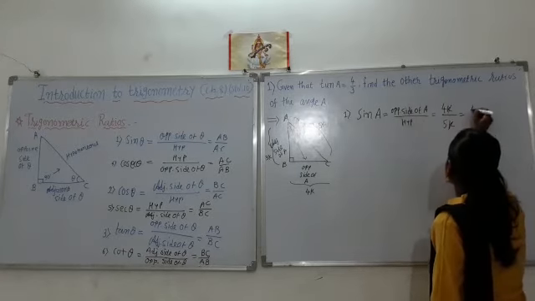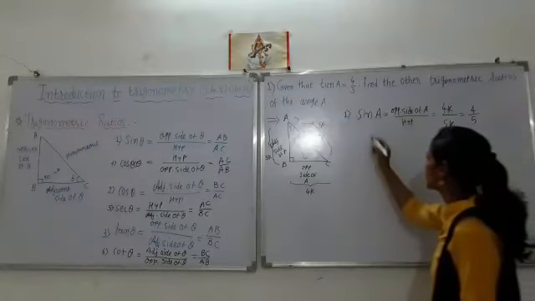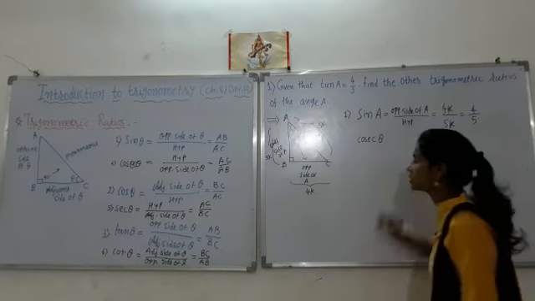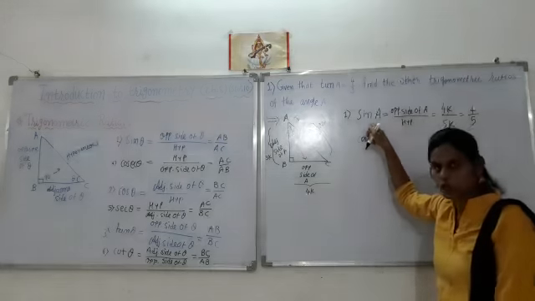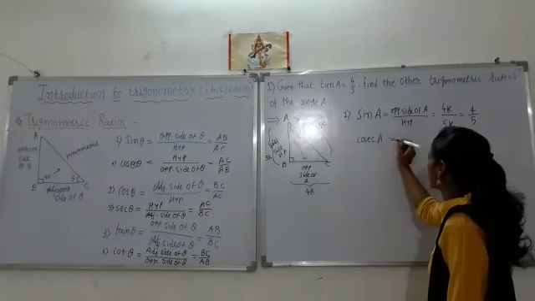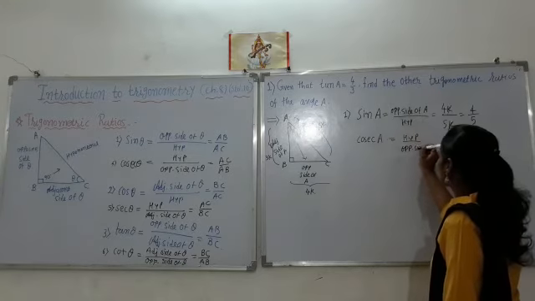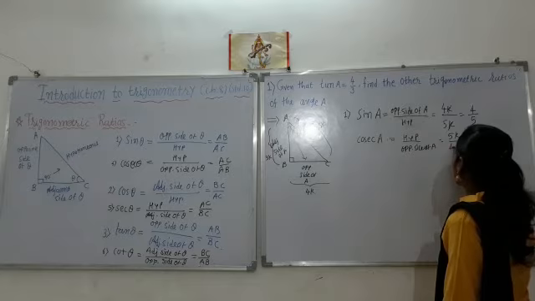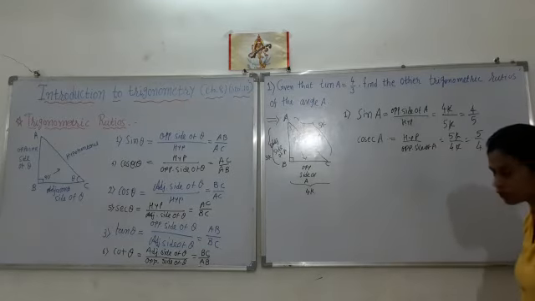K cancels, so your answer is 4 by 5. Similarly, you can find cosec A, because cosec A is the inverse of sin A. So cosec A is equal to hypotenuse upon opposite side of A, so it is 5K upon 4K. K cancels, so it is 5 by 4.